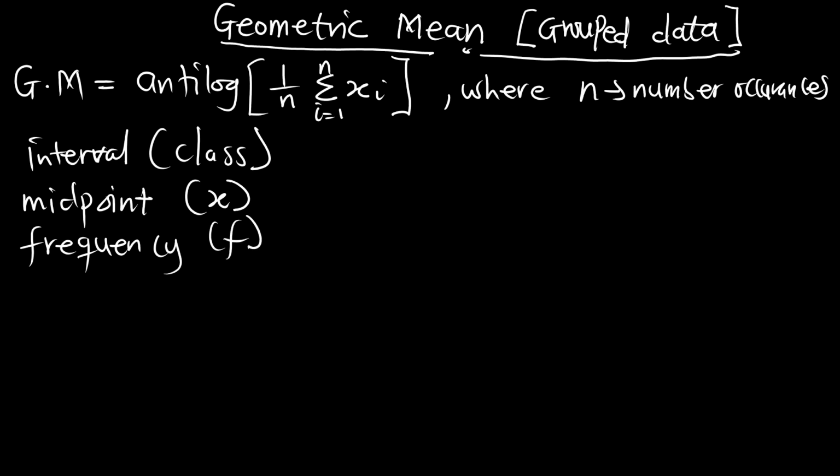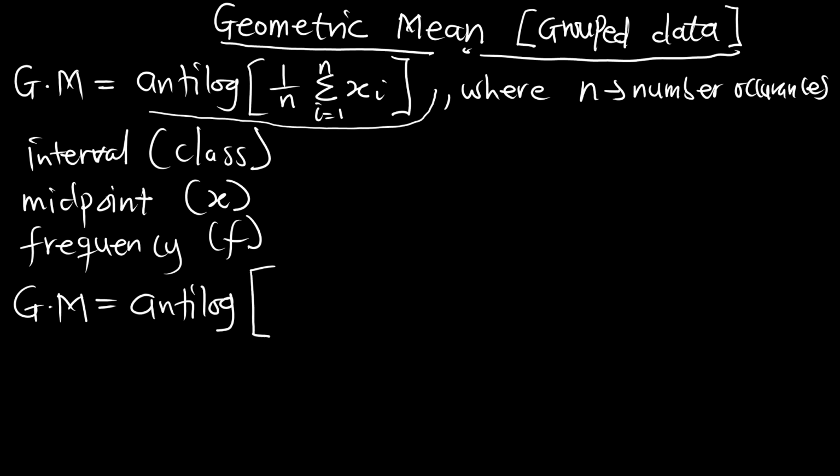So in such instances, our geometric mean, GM, for grouped data is very simple. That's why I said we have to pay attention to this formula from the random discrete variable video. Here we are just going to modify the formula, where we are going to have the antilog of the summation from i equals 1 to n of f i. Sorry, in this formula we still have a logarithm inside.